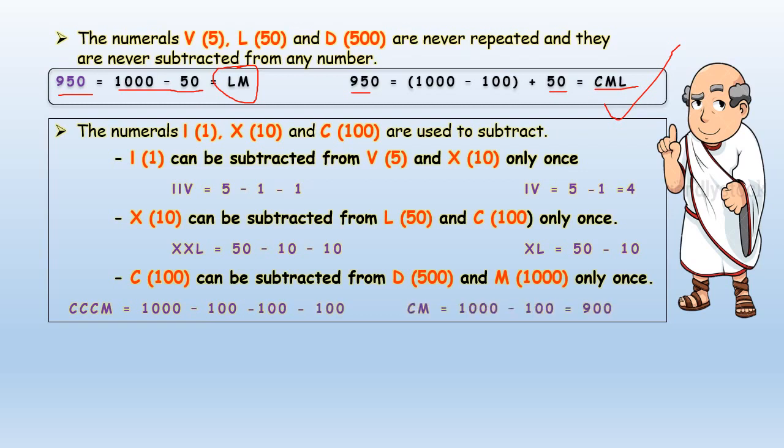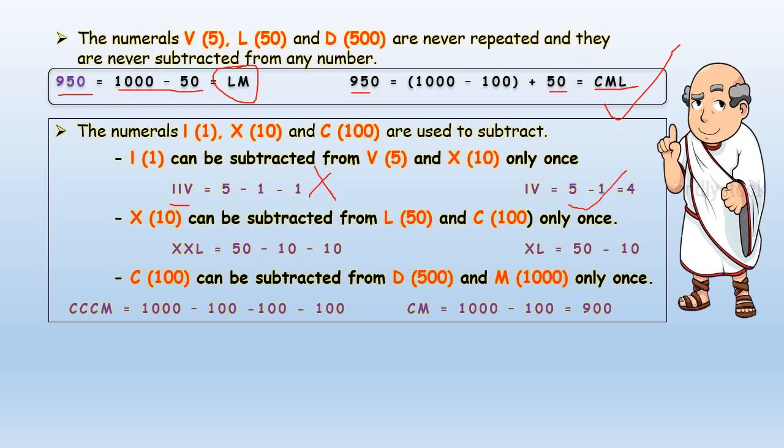So if we want to write 3, we cannot write 1, 1, 5, because the rule says if the smaller digit comes on the left hand side of the bigger digit, we can subtract. But no, this is wrong, because we are allowed to subtract only once from 5. So IIV is the wrong way of writing a Roman numeral. What is the correct way?